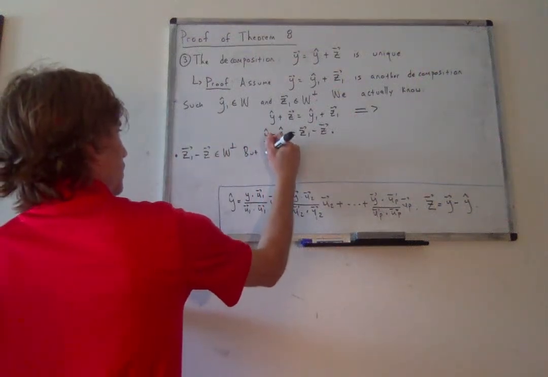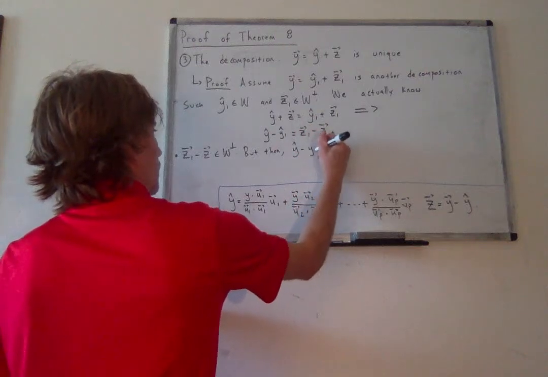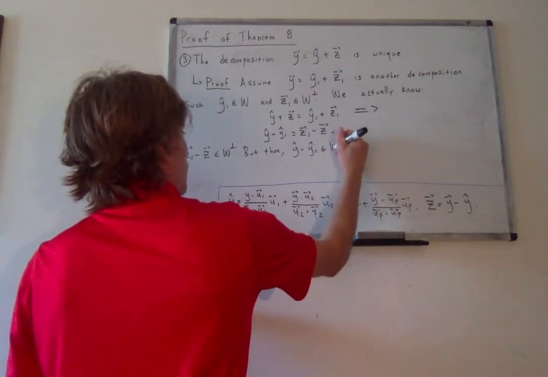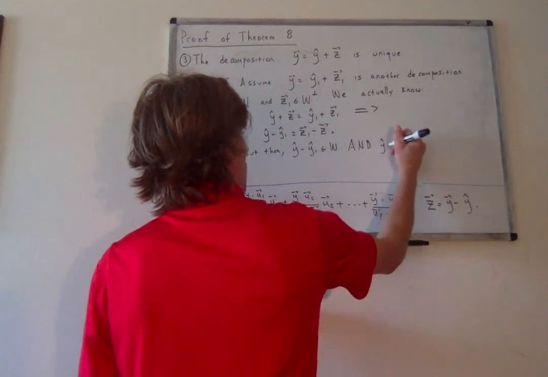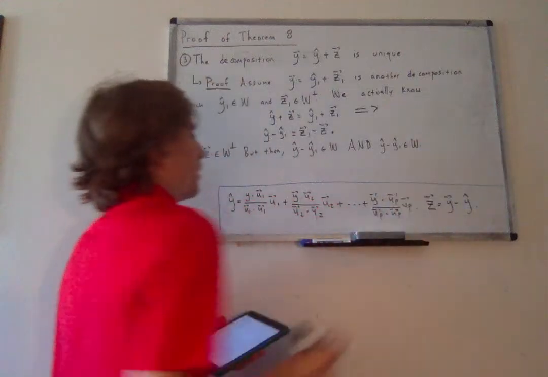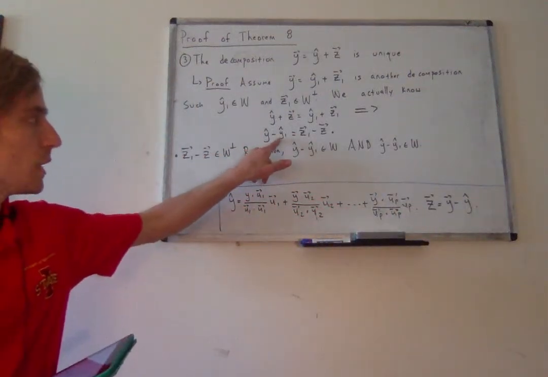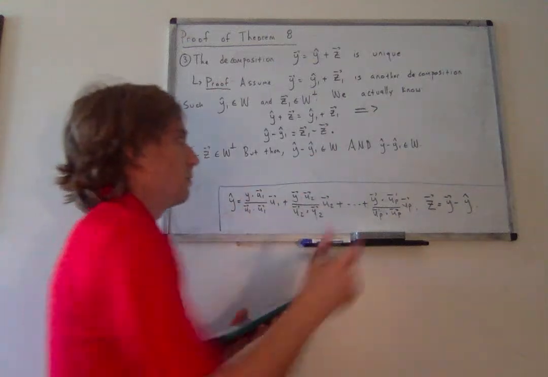But this means, since these two vectors are equal, this vector, y hat minus y1 hat, is in W and W perp.